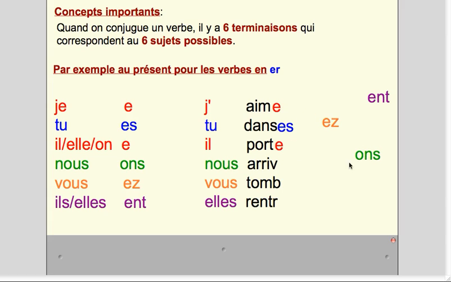Nous, I know that I need to have ons. So we arrive, nous arrivons. Vous, I know I need to have ez. So I put ez, vous tombez, you fall. And then ent for elles, plural, elles rentrent. And then everything matches.